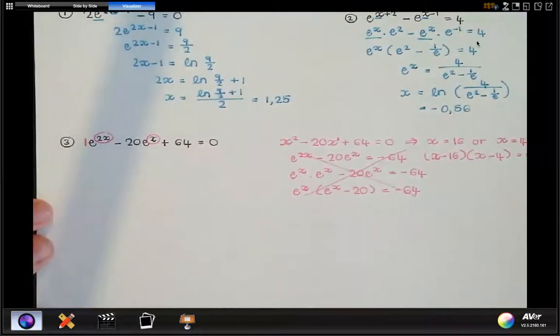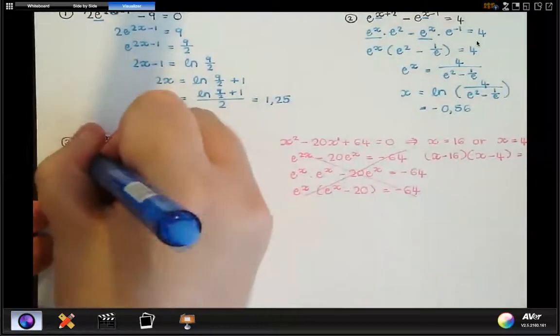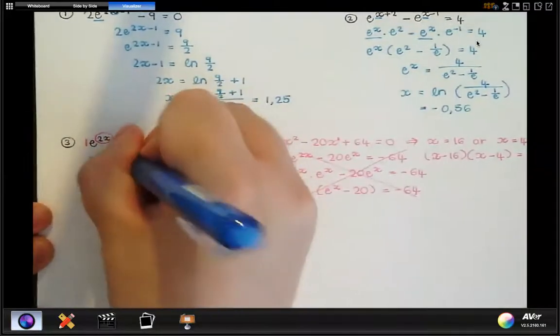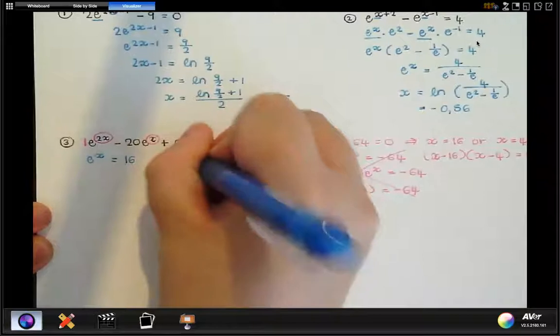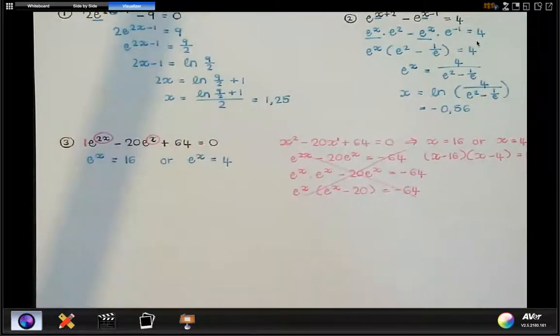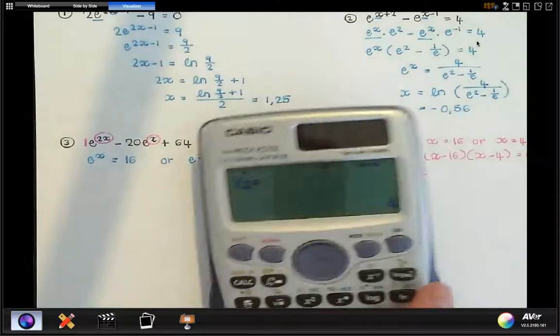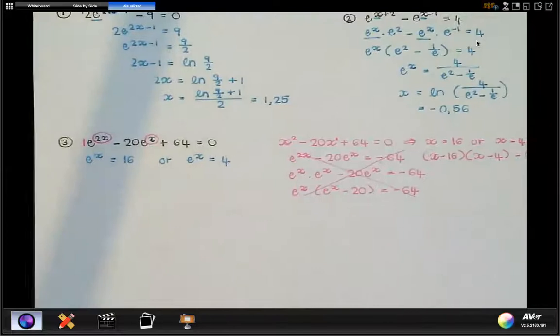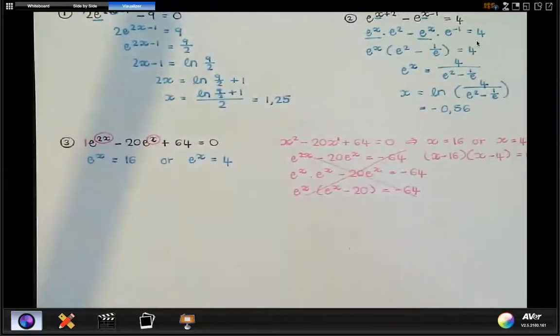So what do we get from here? e to the x is 16, or e to the x is equal to 4 when you use the calculator and you get your two values. But in order to do that, you just had to identify the fact that it is a trinomial.